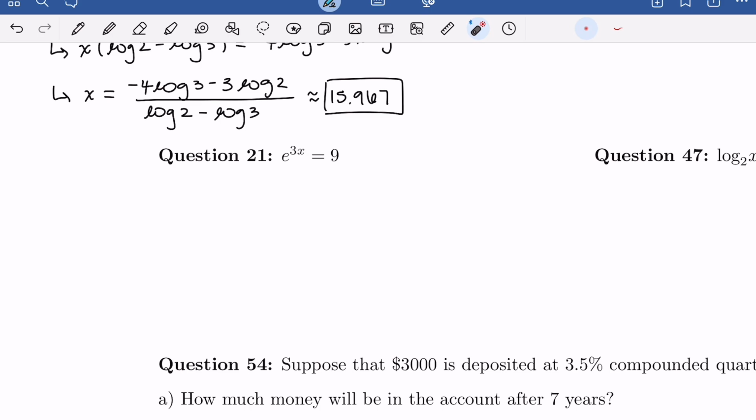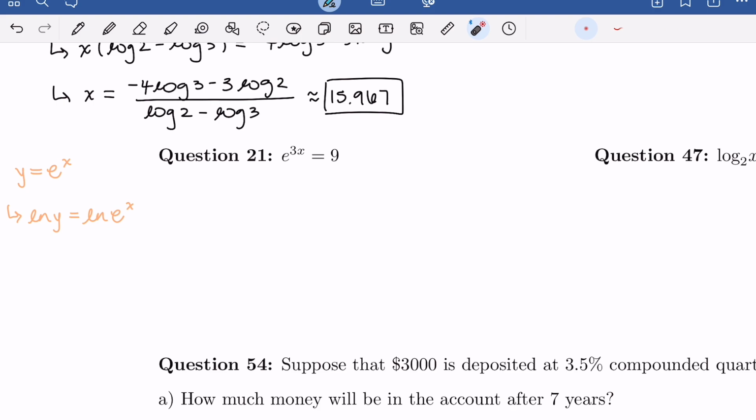Now, for question 21, before we solve this one, we need to recall that the inverse of the exponential function e to the x is the natural log function. So, for example, if we have the equation y is equal to e to the x, and we wanted to solve for x, we could just take the natural log of both sides. We're going to end up with ln of y is equal to ln of e to the x.